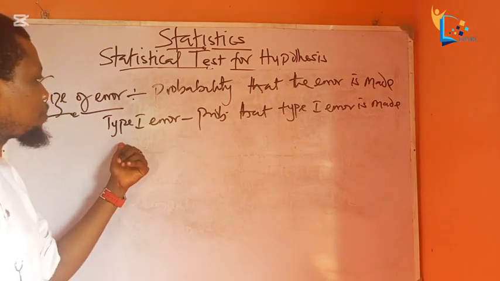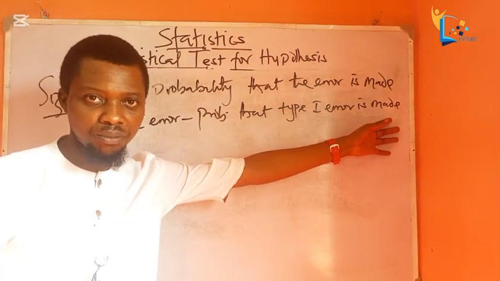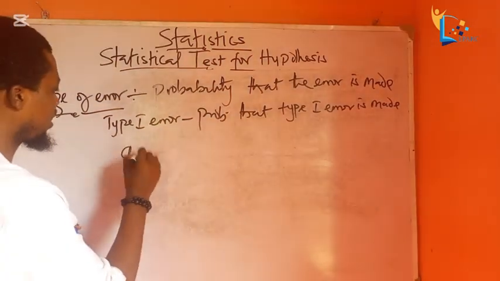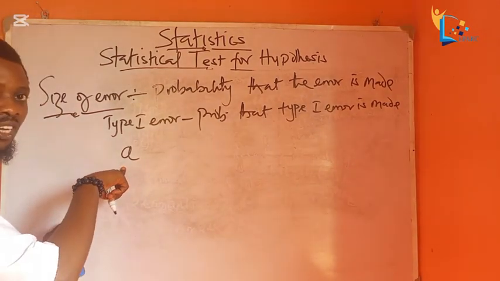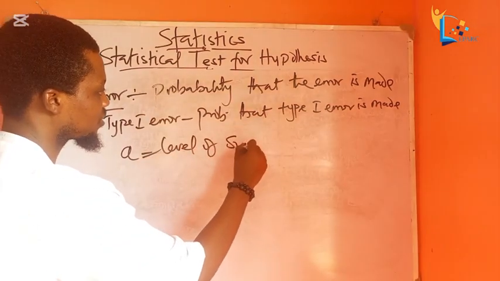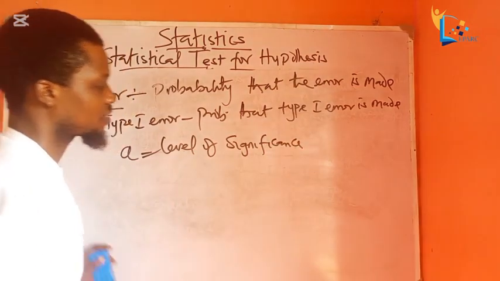Do you get it? And the type 1 error is usually denoted by alpha, the Greek letter alpha, also known as the level of significance.